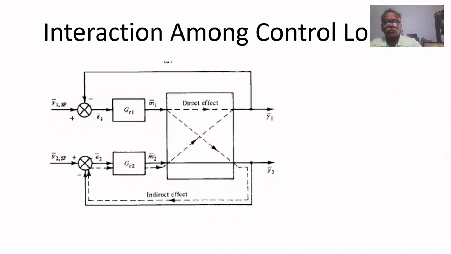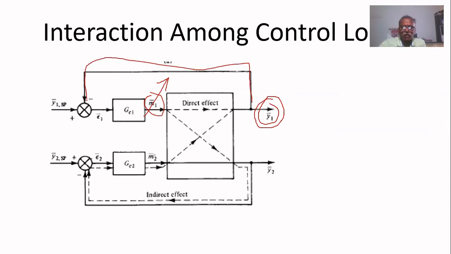Now let us see the interaction in Y1, the indirect effect. The direct effect on Y1 is the manipulation of M1. The indirect effect on Y1: if we change M1, why are we changing M1? Because we notice some deviation in Y1 that is fed back to the controller.